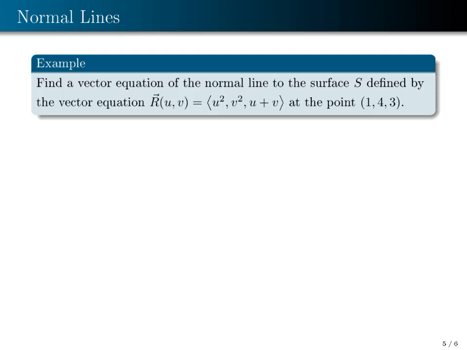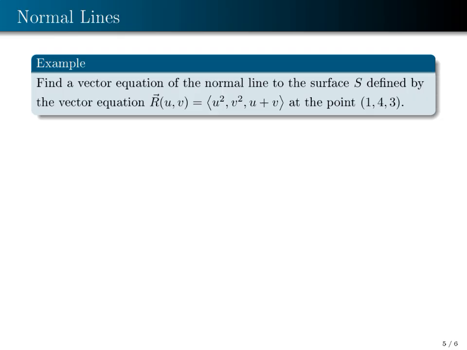We are actually given a point on the normal line, which is the point (1, 4, 3) on the surface S. It follows from our theorem that a direction vector to the normal line to S is the cross product of r_u(u0, v0) and r_v(u0, v0), where (u0, v0) are the parameters corresponding to the point (1, 4, 3) on S.